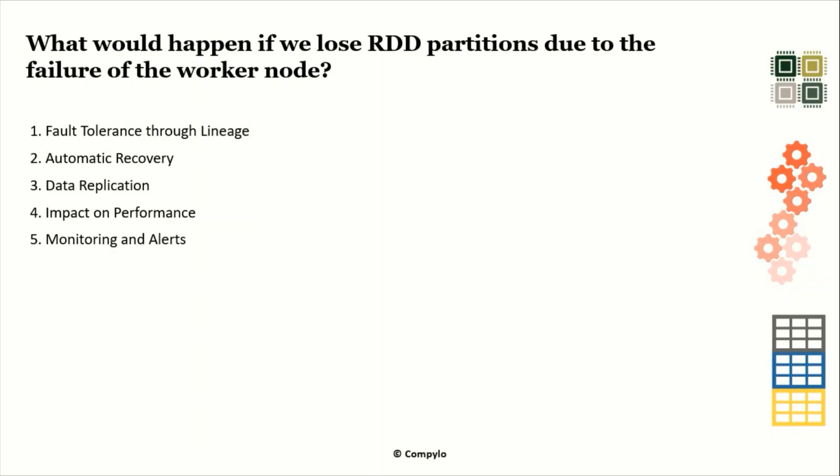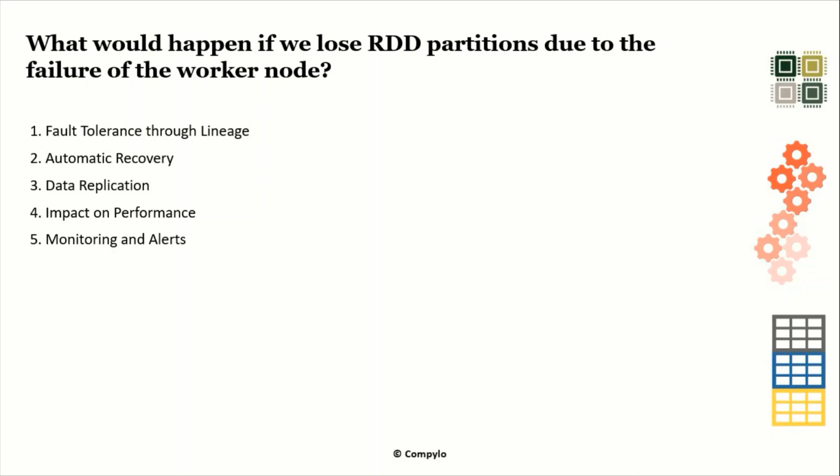While the system can recover from the loss of partitions, this may increase the overall job completion time, especially if many partitions need to be recomputed. Spark automatically retries tasks that failed due to worker node issues. If a node fails, the tasks associated with that node are scheduled to run on available nodes.